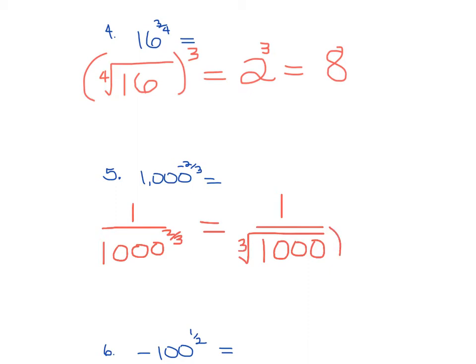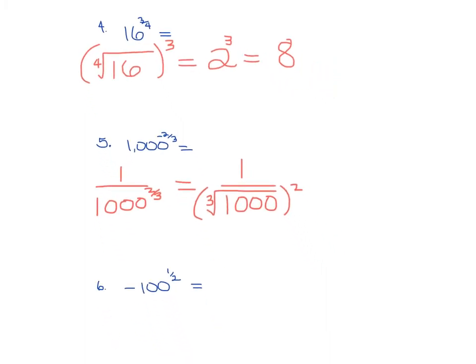Get my answer, and then square it. So the cubed root of 1,000 is 10. 10 times 10 is 100, times 10 again is 1,000. So it becomes 10. I then have to raise that to the 2nd power, giving me 1/100.